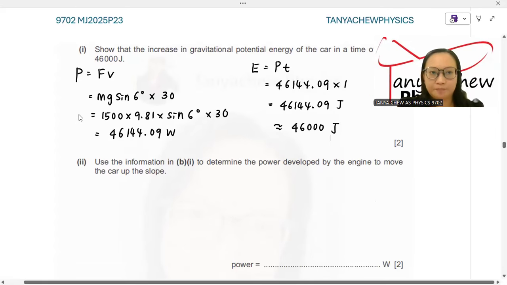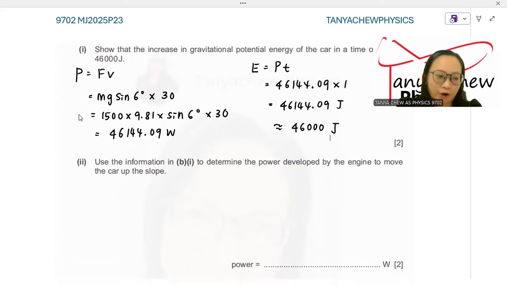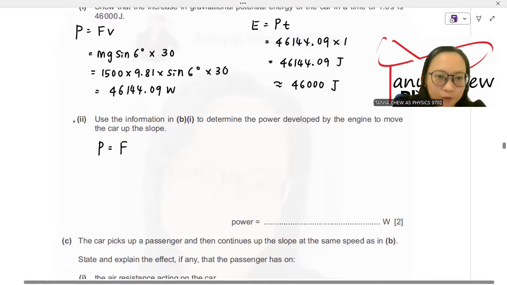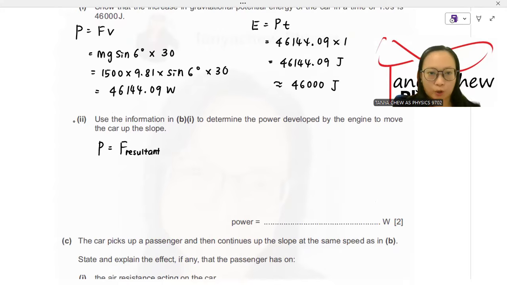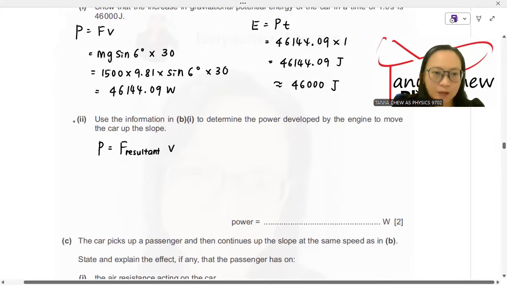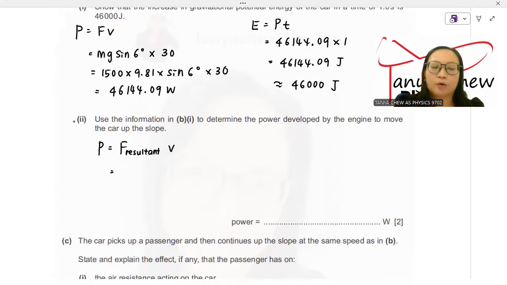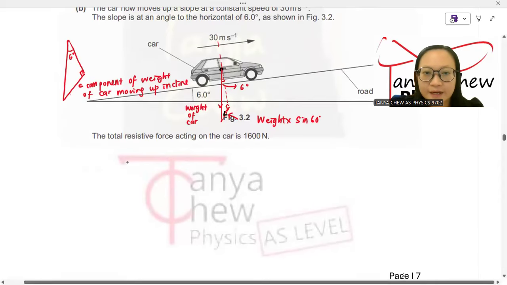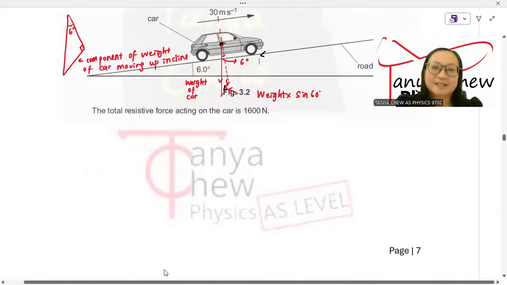Use the information in B part 1 to determine the power developed by the engine to move the car up the slope. The power developed by the engine is the total resultant force acting on the car times v. You have to add the forces because the car is still moving with a constant velocity. The component of weight going down the slope is acting in the same direction as the resistive force.